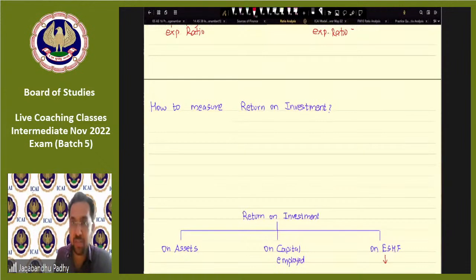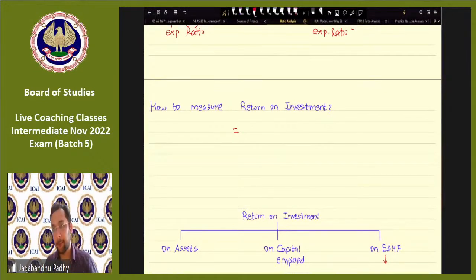Now, how do we measure this return on the assets or returns that we are going to compute? If I ask you to tell me what's the rate of return, how do you compute the rate of return on any investment?